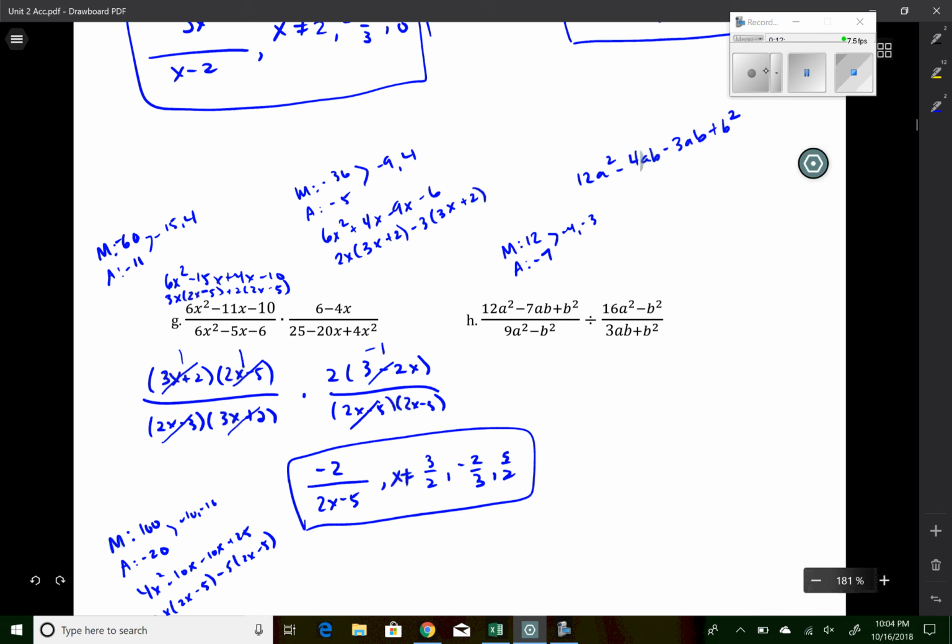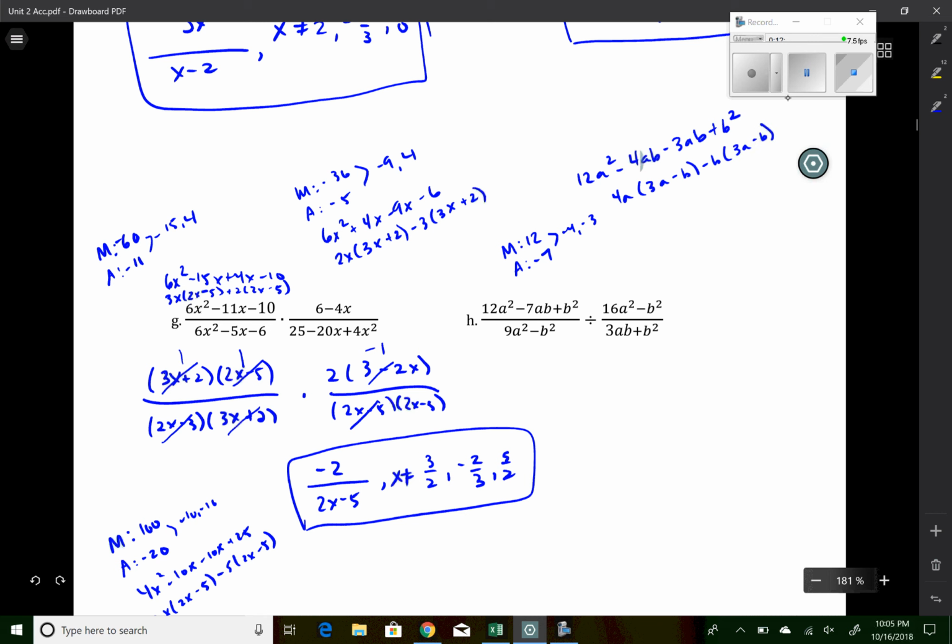I'm doing the same thing I would have done if the b wasn't even there, if it was just a 1. So what's my GCF here is 4a. That leaves me with 3a minus b. I'm going to have a negative b, which is going to leave me with 3a minus b also.